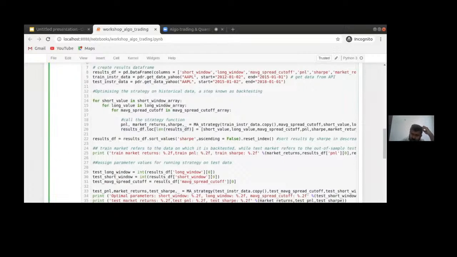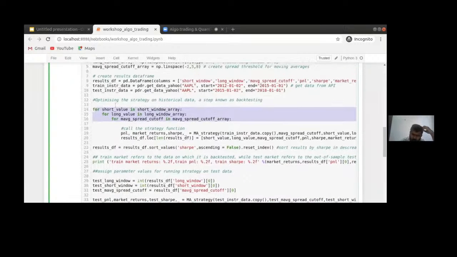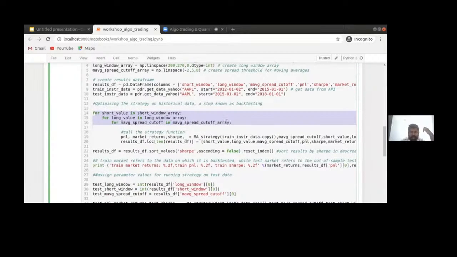Once this loop runs, these three for loops will run over the combination of all these three parameter arrays that we have decided, and it will make this data frame which will contain all the values.